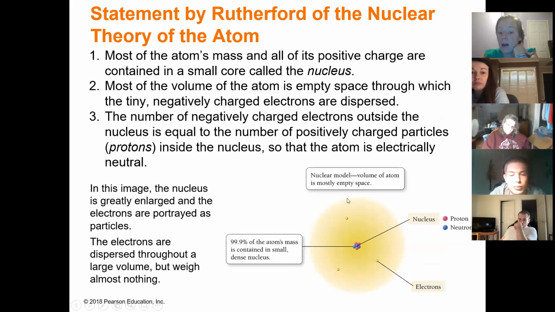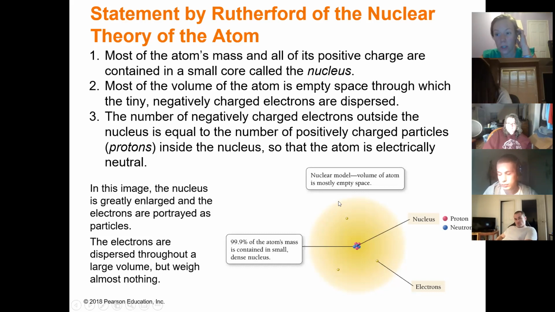Most of the volume of an atom is empty space. The size of the atom is from the outer edge, the farthest extent that the electrons stretch out, to the nucleus. Look at what's happening. Most of that is just a void. So what we thought was a solid, sturdy, continuous ball of matter is actually mostly empty space with a small amount of matter in the center.